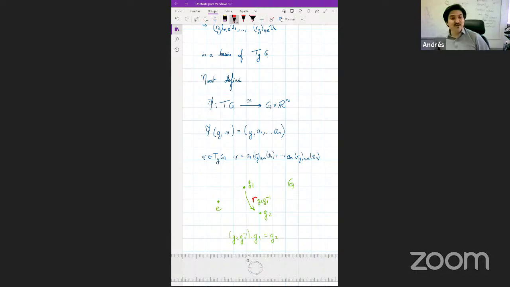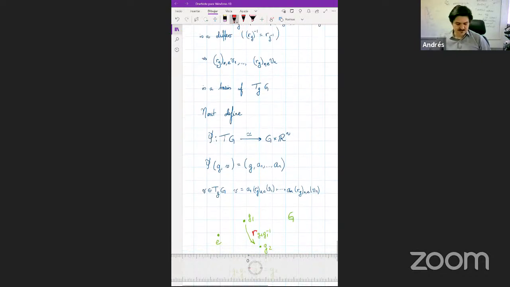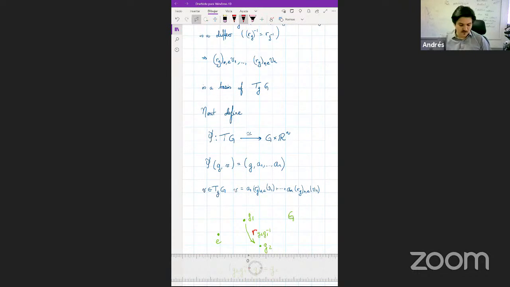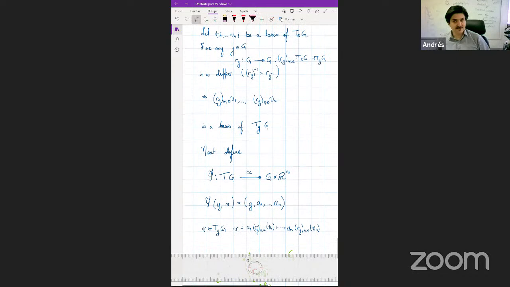So that's why this argument works. Here, we don't have global coordinates as Euclidean space. And you even know that from one example, the circle. The circle is a Lie group, but you don't have global coordinates on the circle. Otherwise, it would be R. But the circle and R are different.